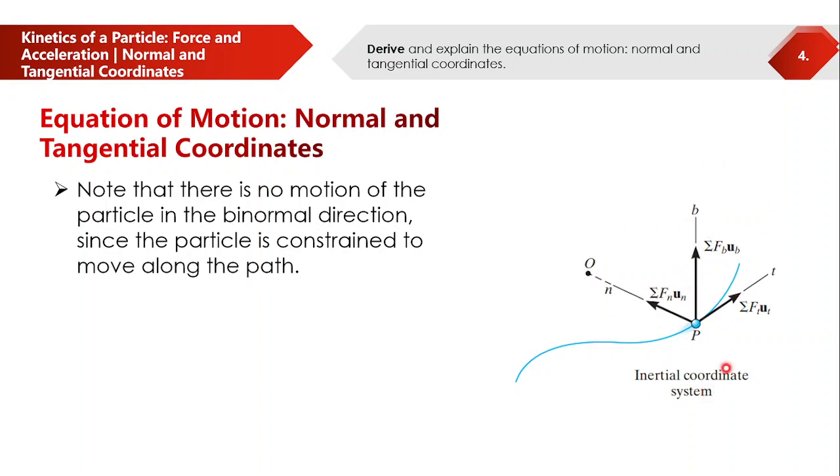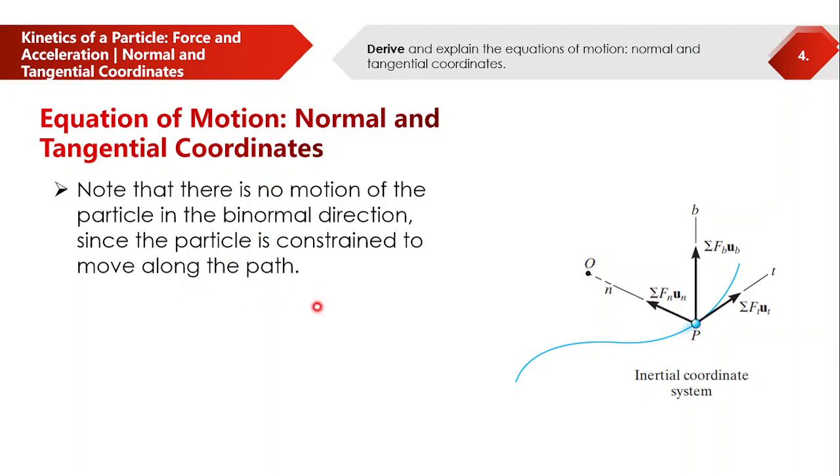See, in the figure, class, this is your tangential component, and your normal component will always be directed to the center of our curve, no? Towards the center, or the concavity, of our curved path, and then the binormal is upward. So, it says here that there is no motion of the particle in the binormal direction since the particle is constrained to move along the path.